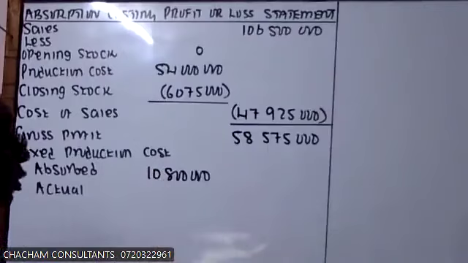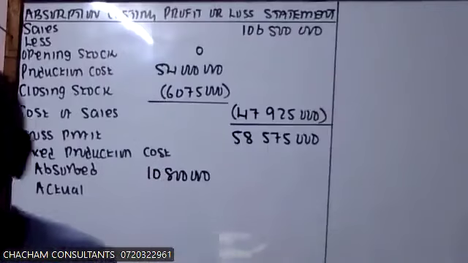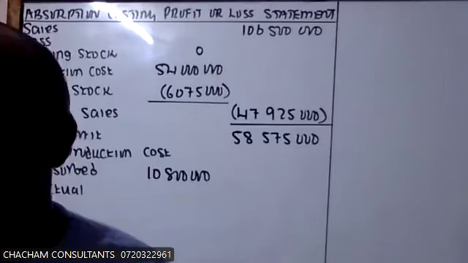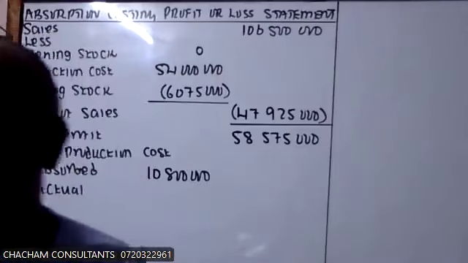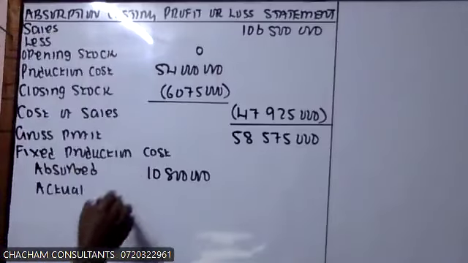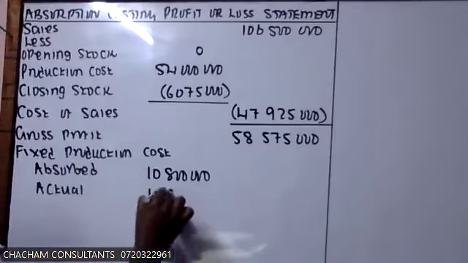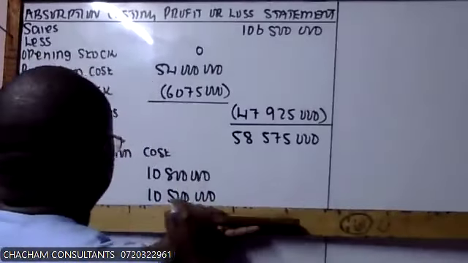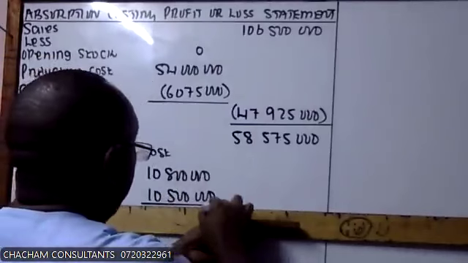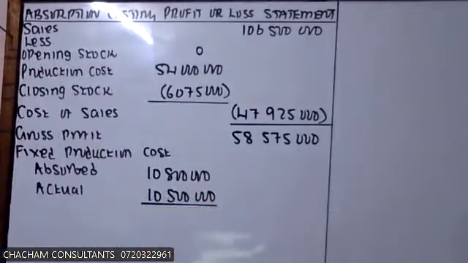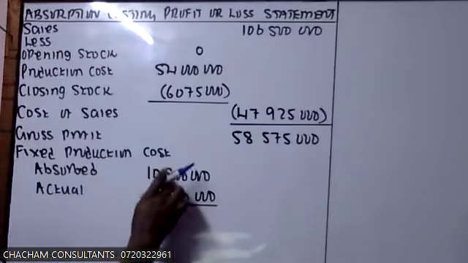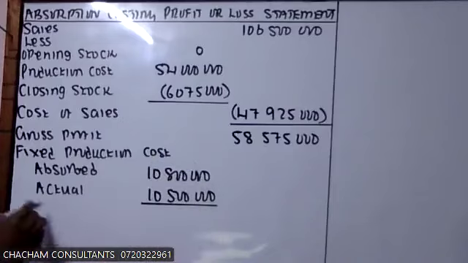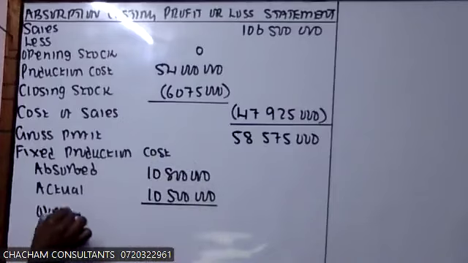That is what is called absorbed. Now we are told that the actual was 300 less. So subtract 300, and this now comes to 10,500. Now, if it is less, I told you when we were in this topic that this is a case of over absorption.